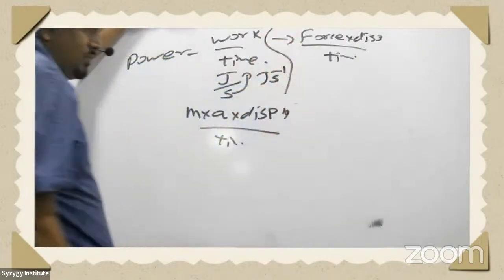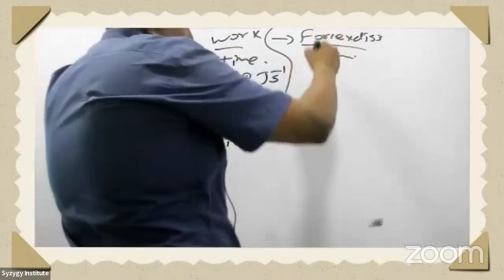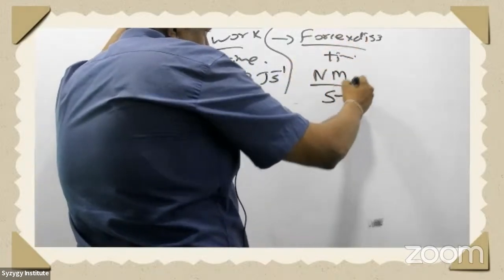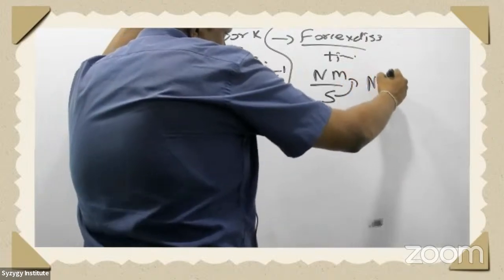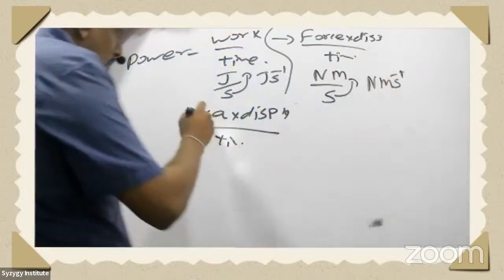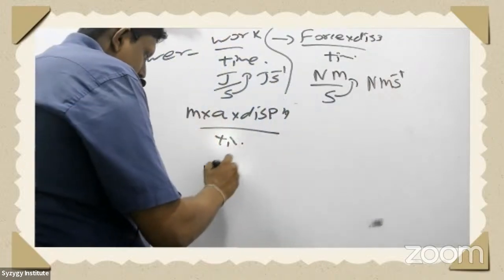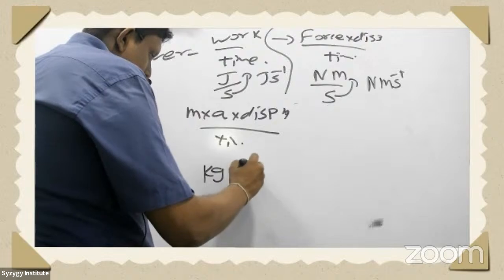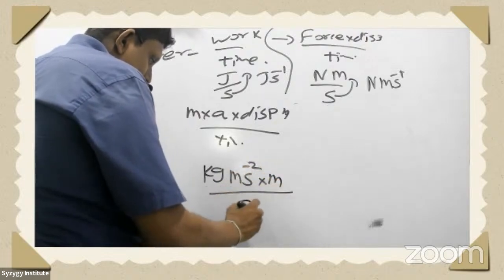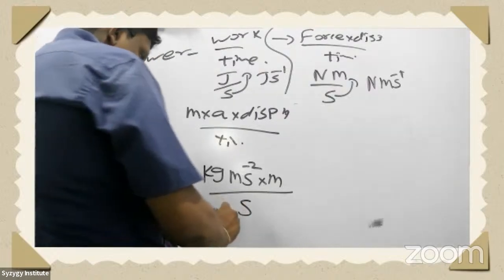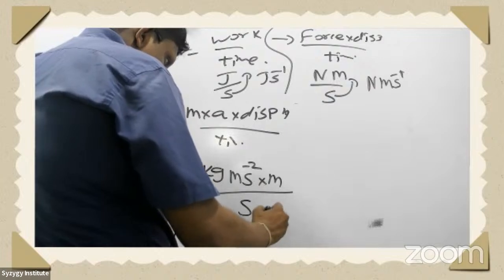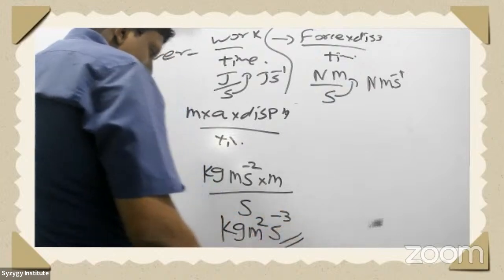This is the first one. Then force in Newton, displacement in meter, and time in seconds, you can write per second. Mass in kilogram, m s minus 2, meters, seconds: kg m squared s minus 3.